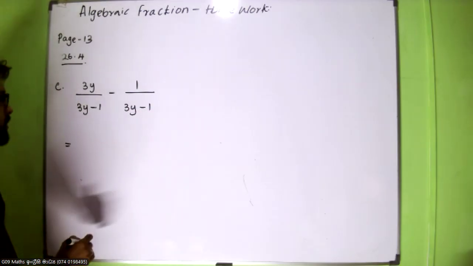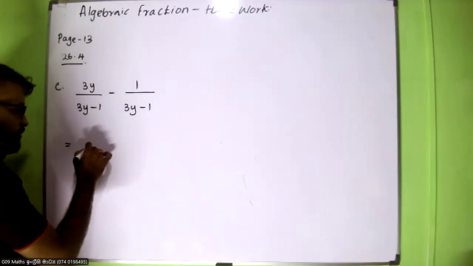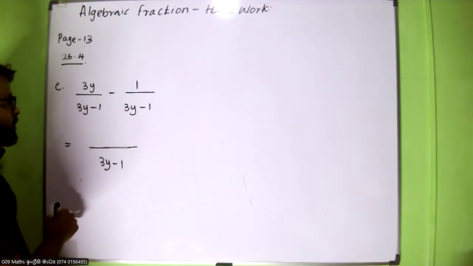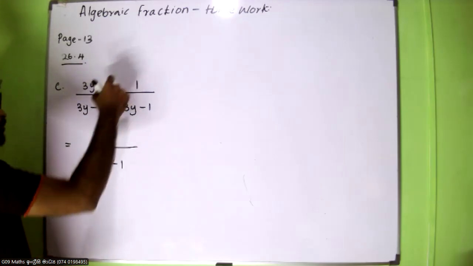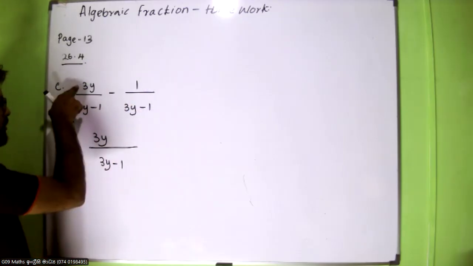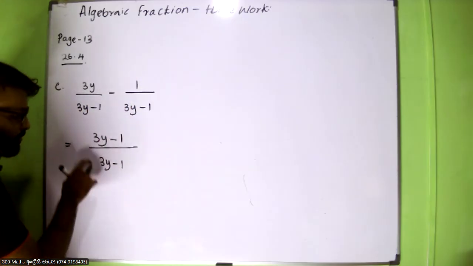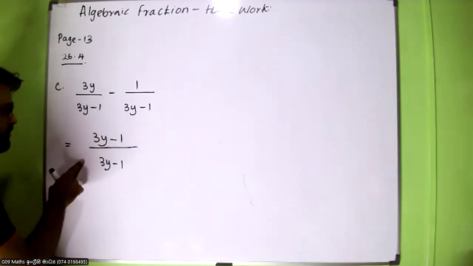Now, what about this one? The denominator is the same, right? I am not going to worry about that. 3y minus 1. So, how can I write down the numerators? 3y minus 1. Very interesting. Same thing, right?